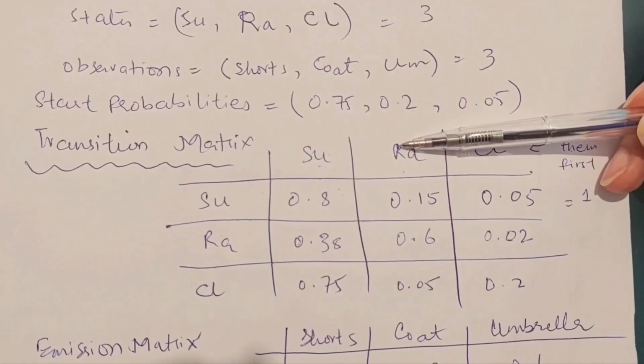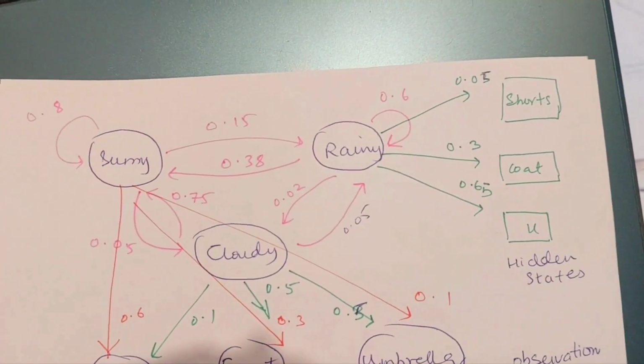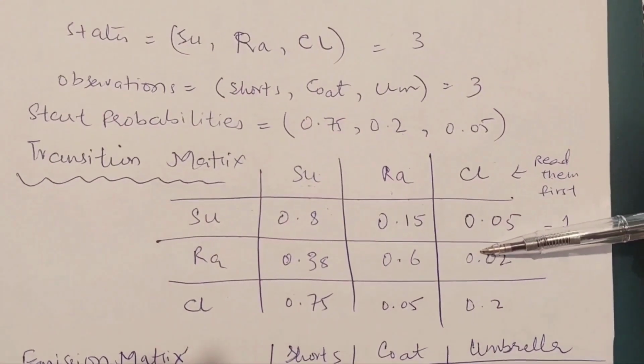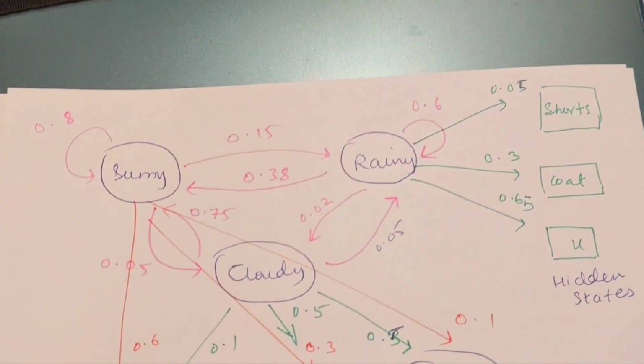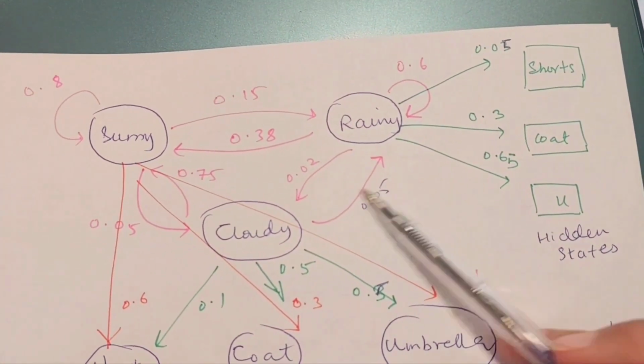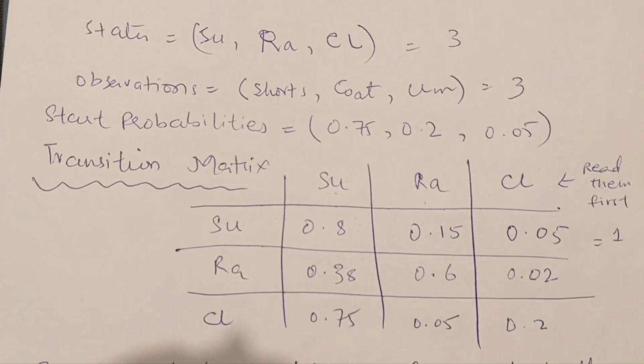What is the probability of rainy if it was rainy before? You can see it is 0.6, and it is also given as 0.6. What is the probability that it is cloudy given that it was rainy? It is 0.02. You can see it from the diagram. Similarly, for the last row we write it in the same manner.